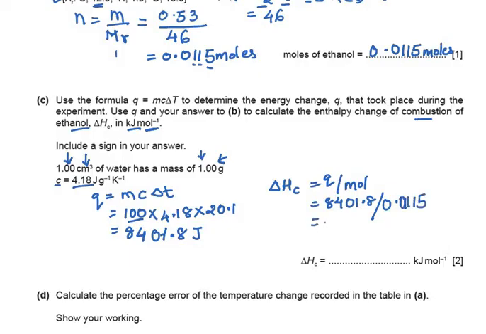So for this our answer is minus 731,000. Now if we are converting it into kilojoules per mole, we need to divide it by 1000. So our answer is minus 731 kilojoules per mole.